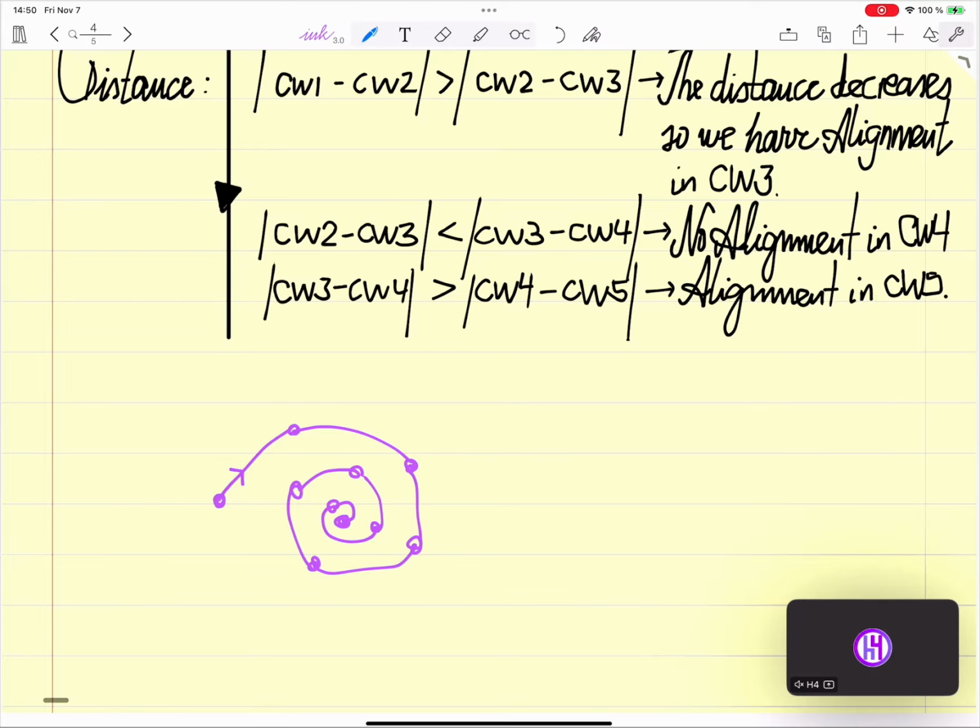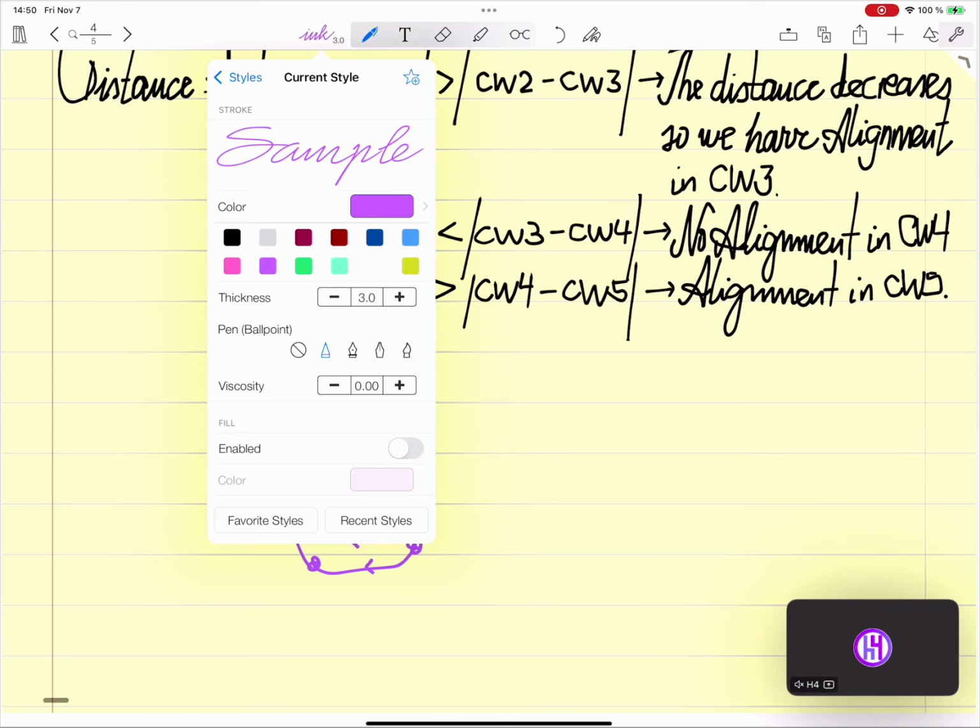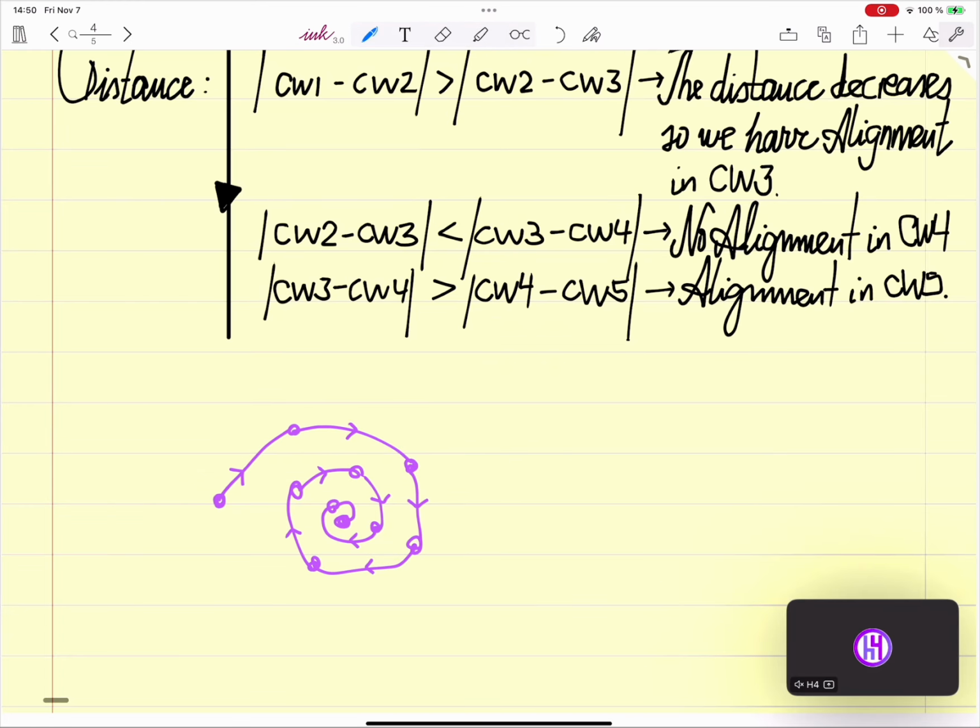So your system is in alignment when you are moving yourself within a little circle.